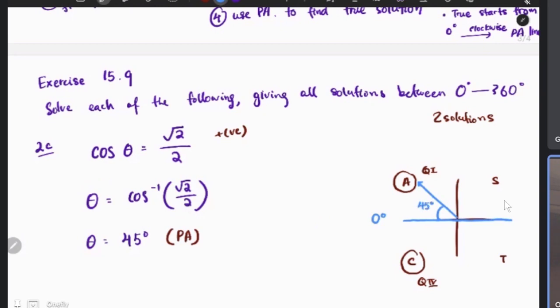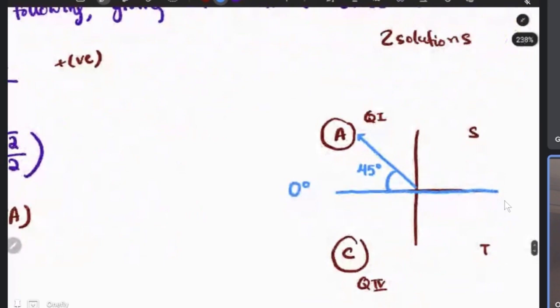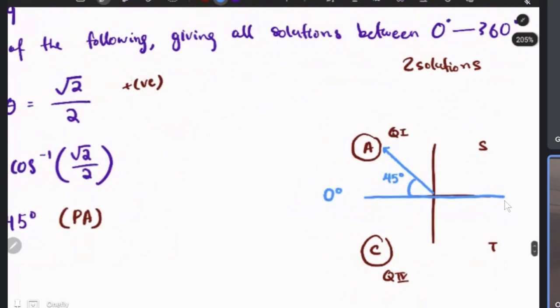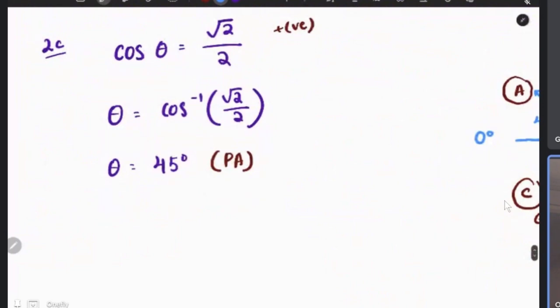And so happens that the PA line, the principal angle line here, will stop in the first quadrant. That means to say we can accept this angle as our first solution, because it is in the first quadrant. So solution 1, theta equals 45 degrees.